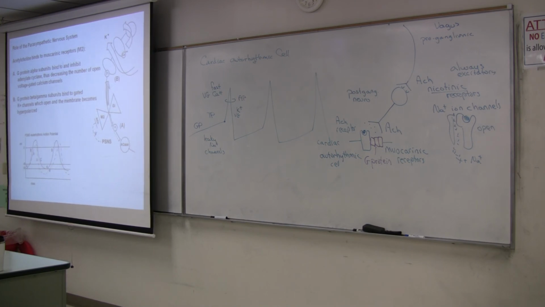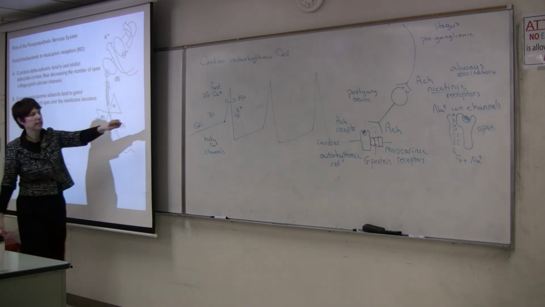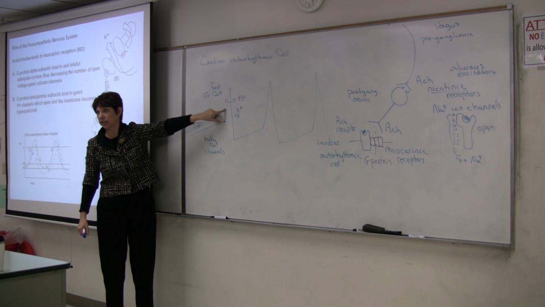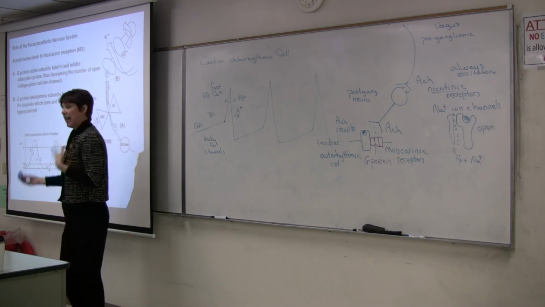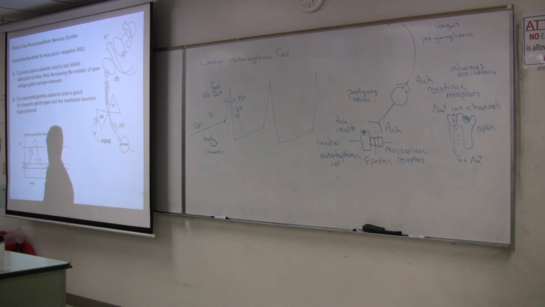Two things happen, right? The alpha subunit actually turns off adenylate cyclase, and that causes voltage-gated channels to close. So it's going to cause some of these voltage-gated channels here to close. All right? So we're going to close them earlier and cut off some of the positive ions that are coming into the cell.